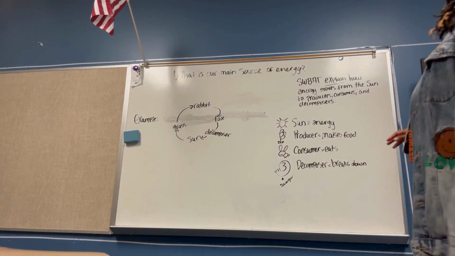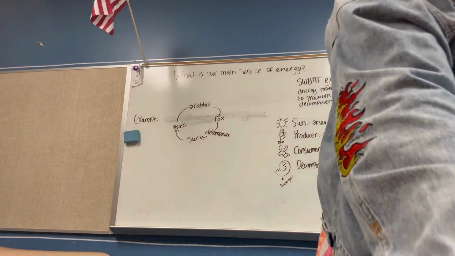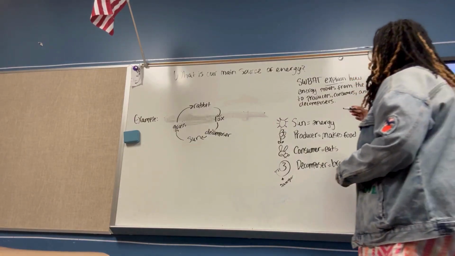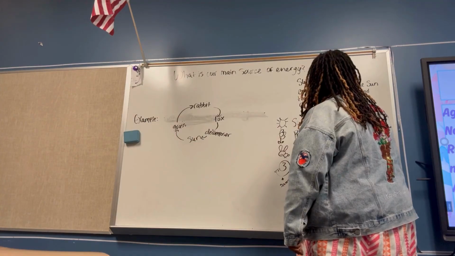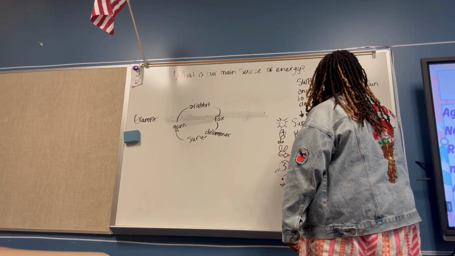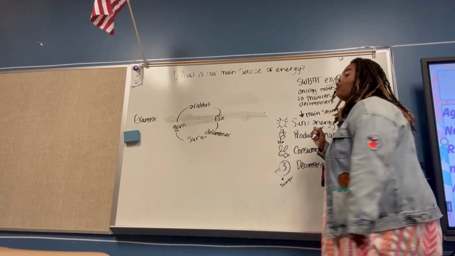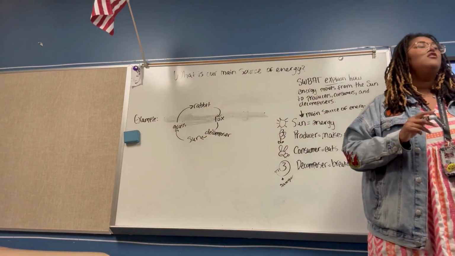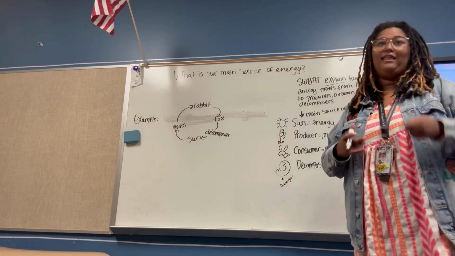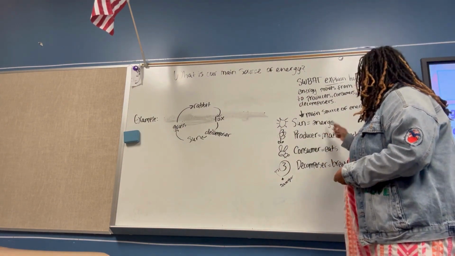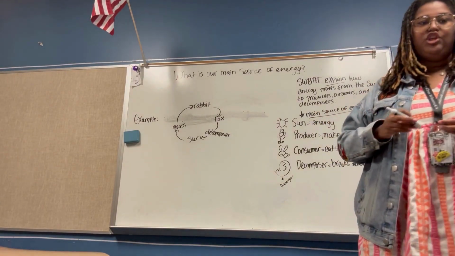So it is always important to remember that our sun will always be our main source of energy, and that is for all living things. All living things, humans, animals, insects alike. Your sun is always going to be your main source of energy, okay?